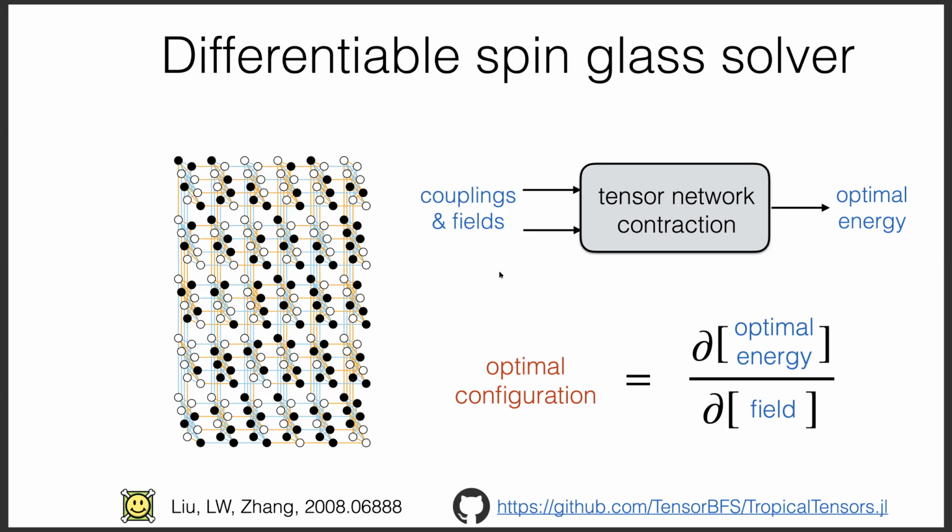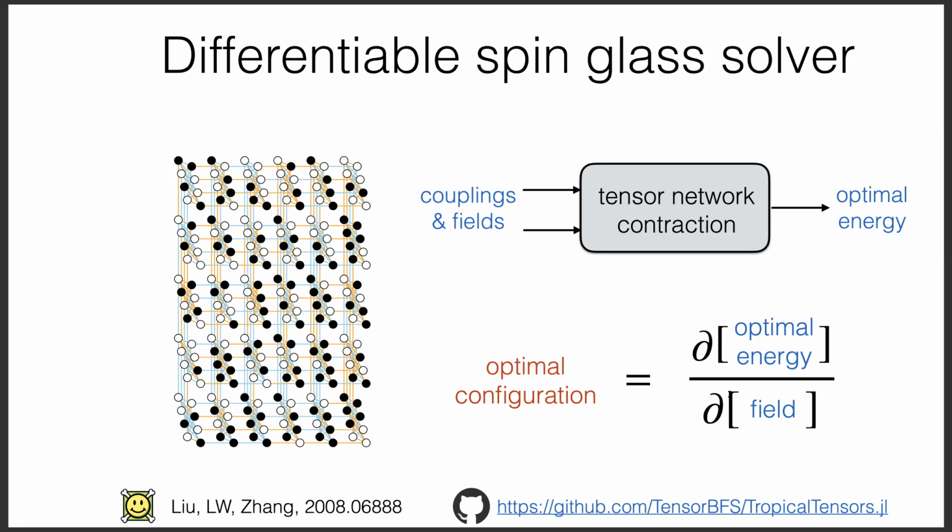But here, the issue is for really solving a spin glass, meaning for actual application, very often we want the ground state configuration in addition to the ground state energy, right? Oh, yes, certainly. So in that sense, this differentiation is going to be useful. So we just differentiate through that contraction scheme.